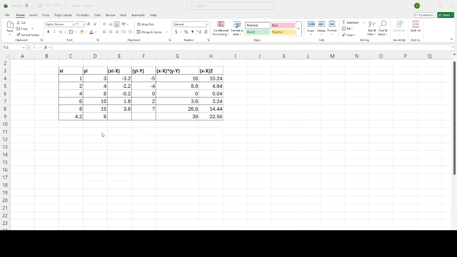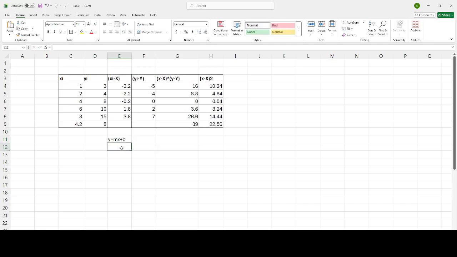Let's try to understand, based on these data points, how we calculate the formula y is equal to mx plus c, and we can simplify this. We can find c as y minus mx.